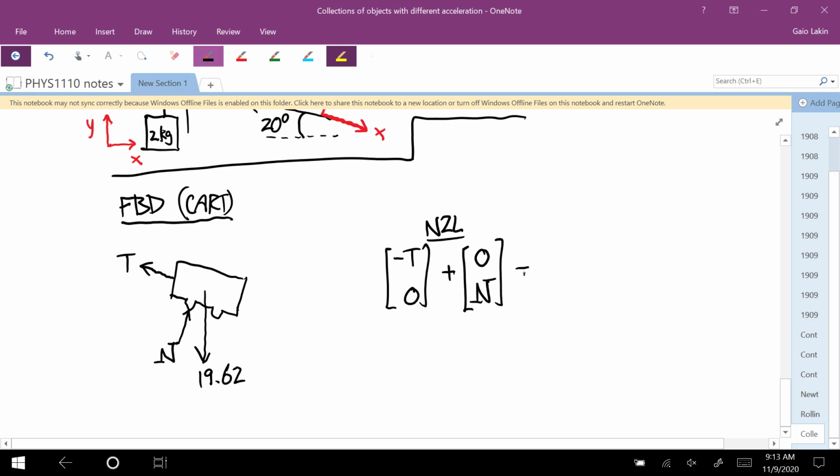And so this is going to be 19.62 times cosine of 290, 19.62 times sine of 290.